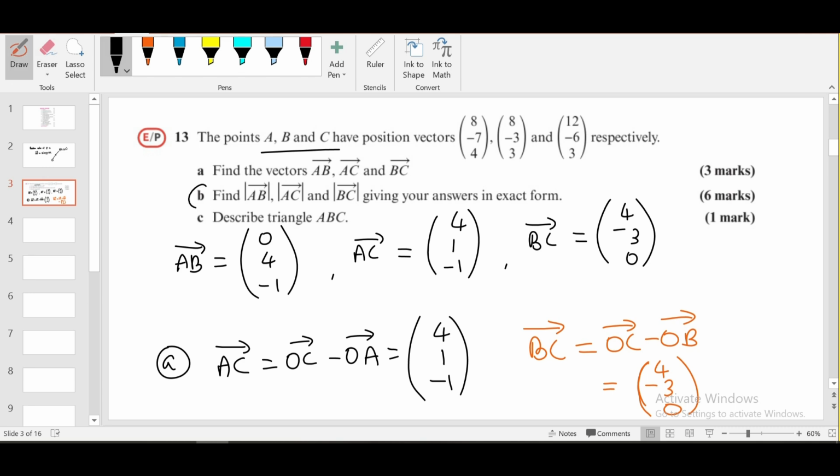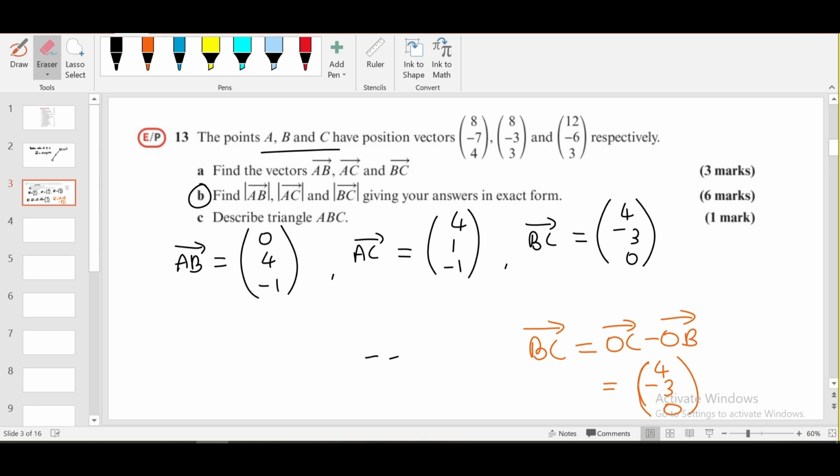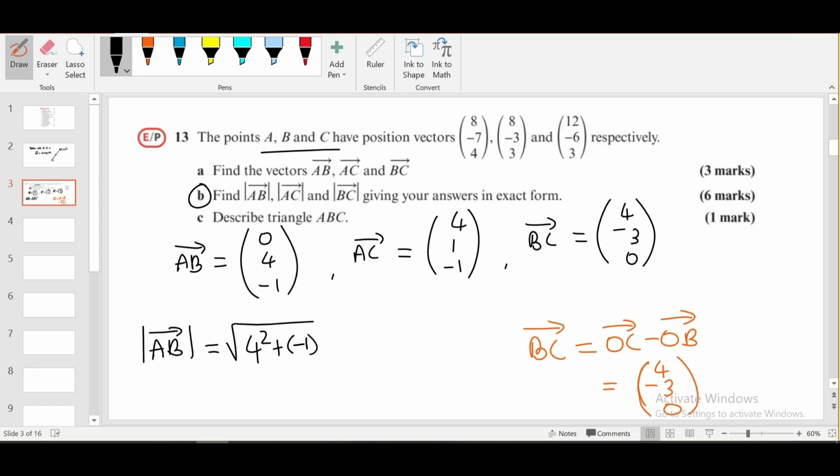In part B, we need to find the modulus value of these vectors. You know how to find the modulus already, right? Modulus of AB is square root of 0 square plus 4 square plus minus 1 square, which is square root of 17. Find modulus of AC and BC now.